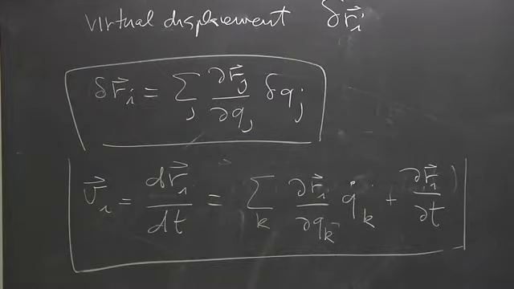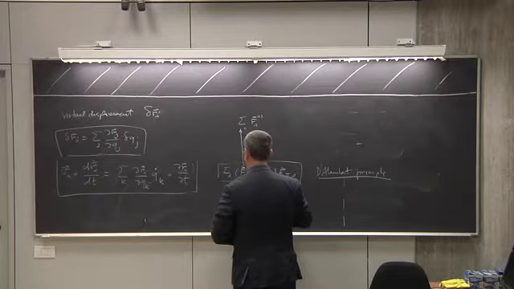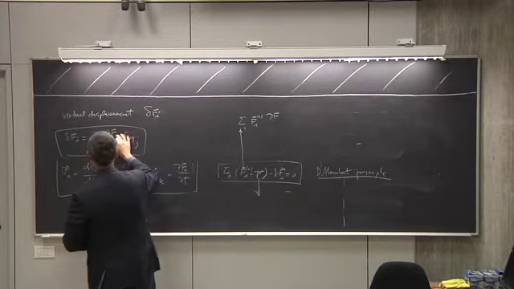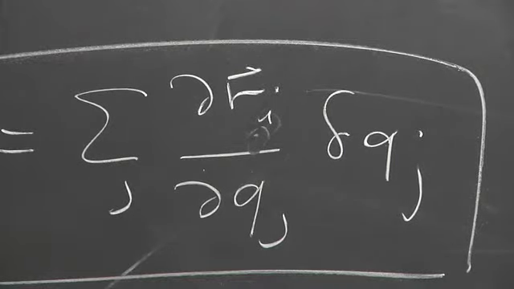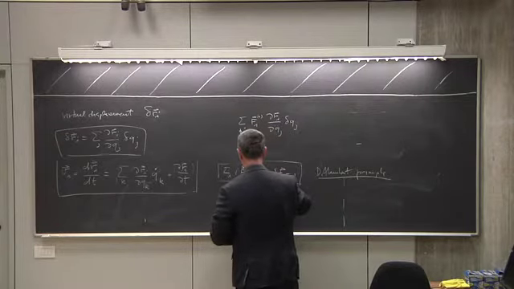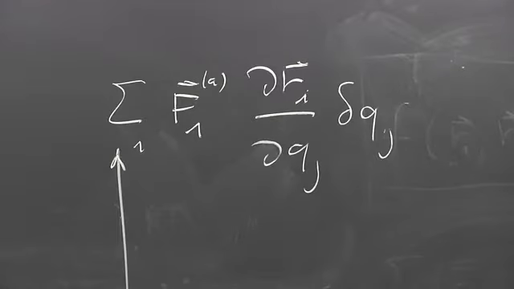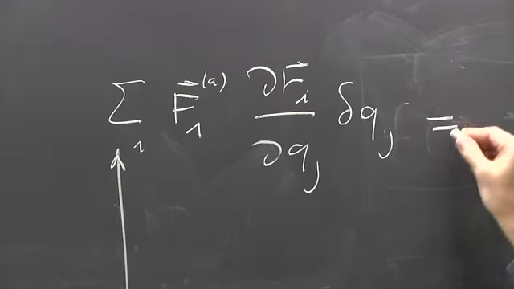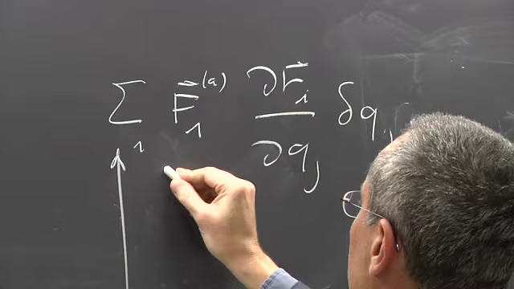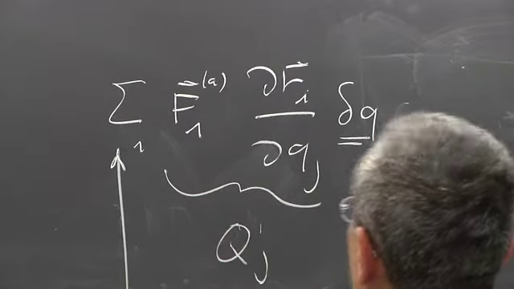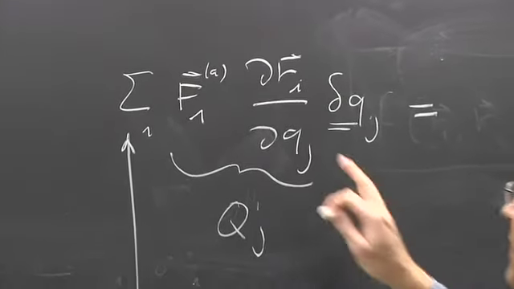So this first term just gives me Fi times the things there that I wrote as dr. And this quantity here, you see, now I have my variation in terms of generalized coordinates, so I may as well call this quantity Qj, and this is a sort of generalized force.